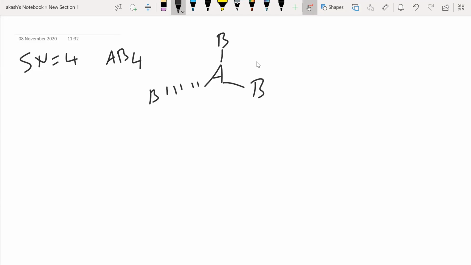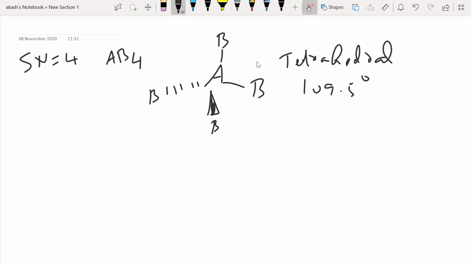And there is going to be a wedge which says the bond is coming towards you. So this shape is the tetrahedral shape, right? And obviously, I know the bond angle. Bond angle is 109.5 degrees.